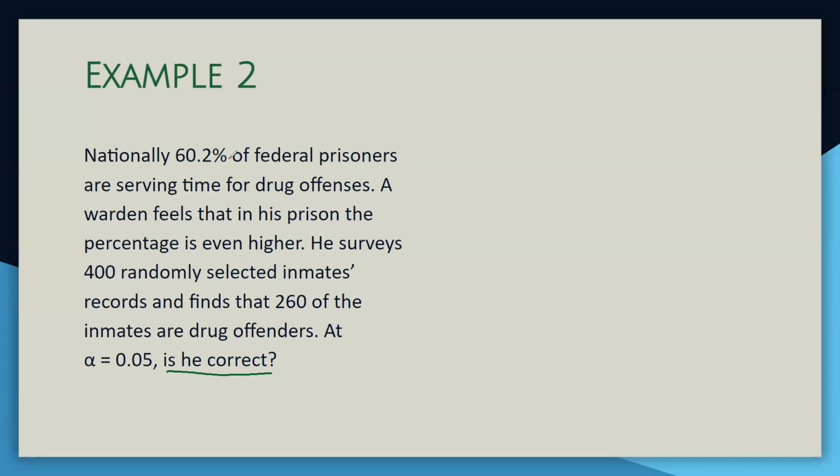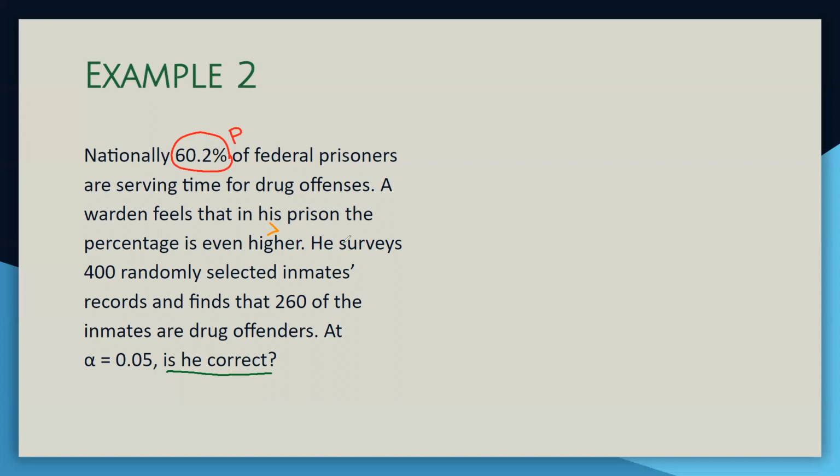So first, 60.2% of federal prisoners are serving time for drug offenses. That's a percentage or a proportion, so that's our assumed population value. Next, it says a warden feels that his percentage is even higher. That's a greater than, so they're telling us that our alternative is a greater than statement.